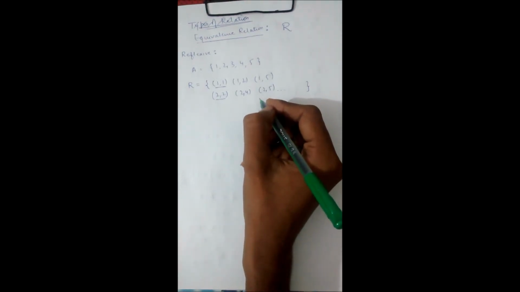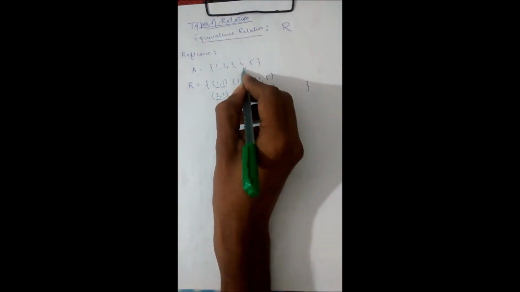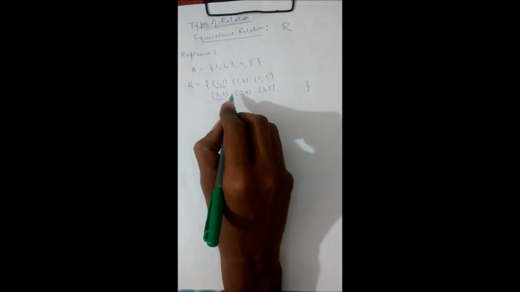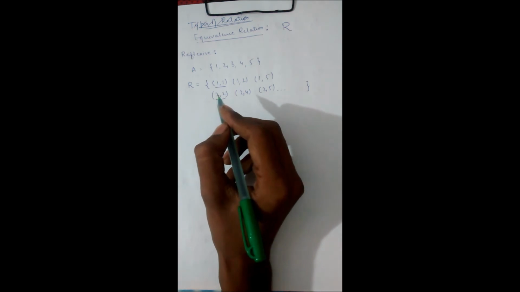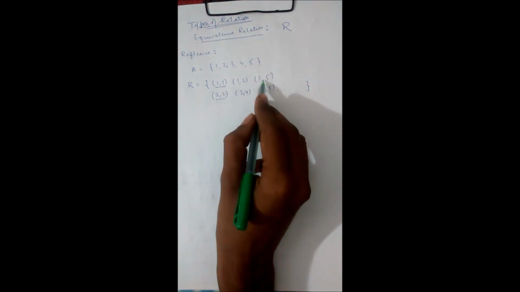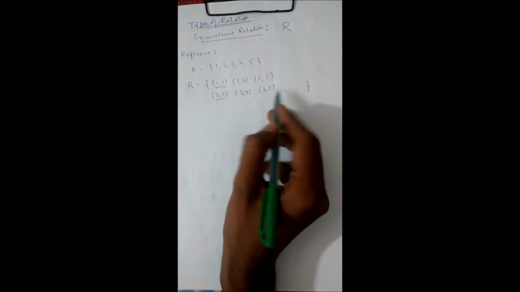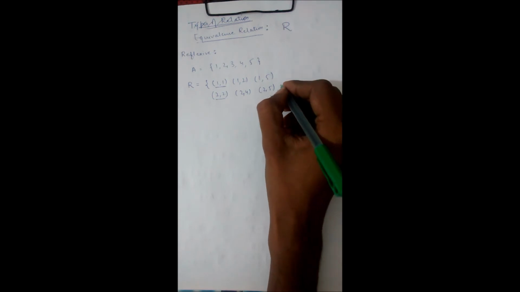In addition to this, one more thing is that all the elements 1, 2, 3, 4, 5 and their regular pairs should be visible in my relation R. In that case, I'll call my R a reflexive relation. Like if I have (1,1), (1,2), (1,5), (2,2), (2,4), (2,5), then in order to make this relation reflexive, what do I need?